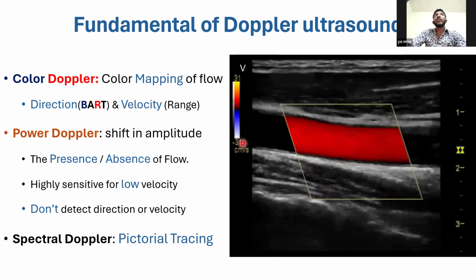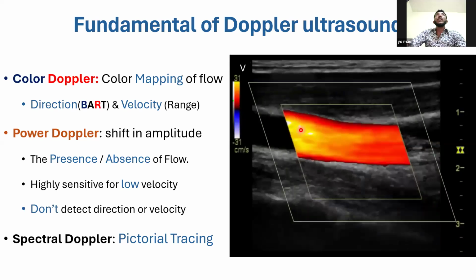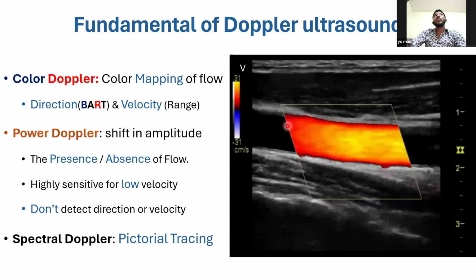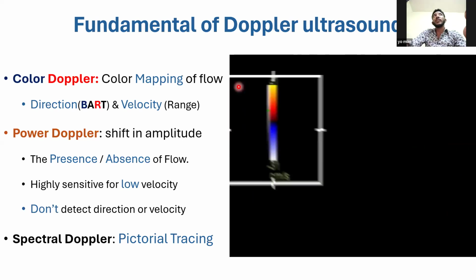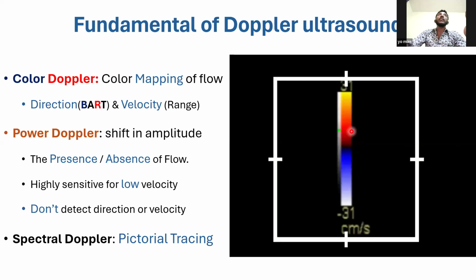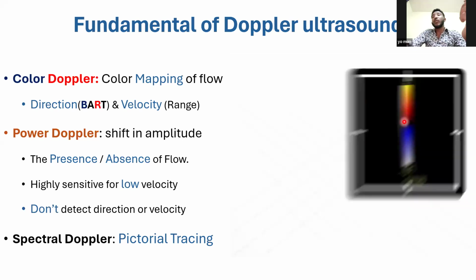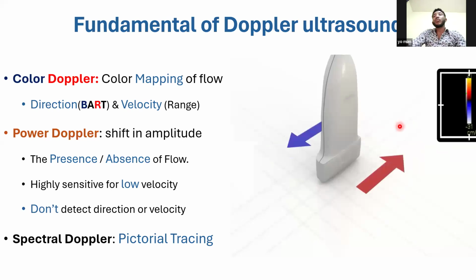So those are the velocity indications. The laminar flow will show as high as the velocity mapping than the flow which is close to the wall. So it indicates the directionality. So this is all about color Doppler.